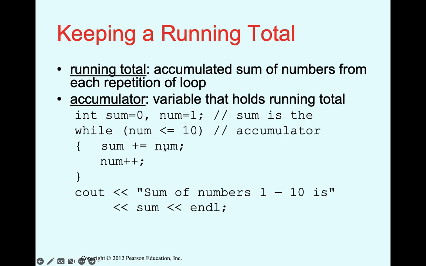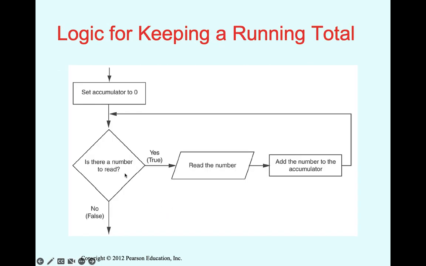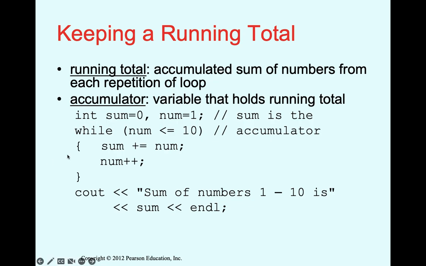You add these numbers to sum, and every time you update num, and at the end you have the sum of numbers from 1 to 10, and you print this. So this is the running total. You set the sum to 0, and every time you read a number, you add it to the sum, and so on.